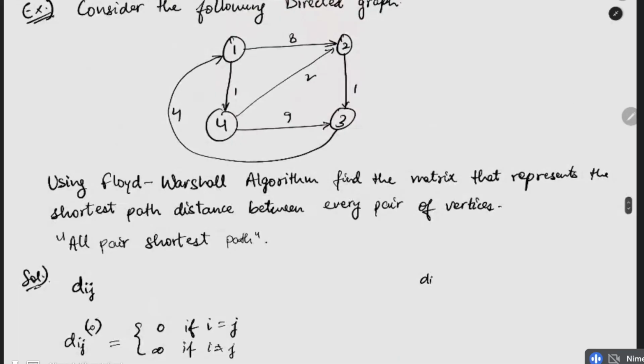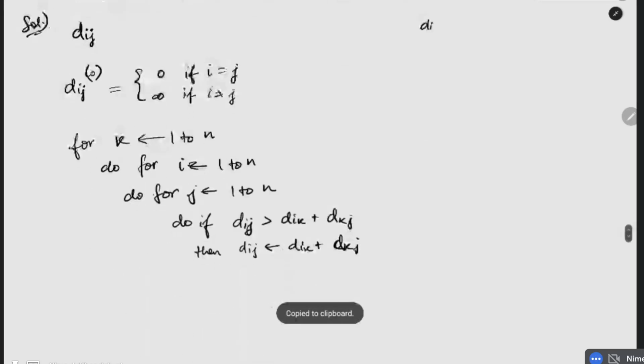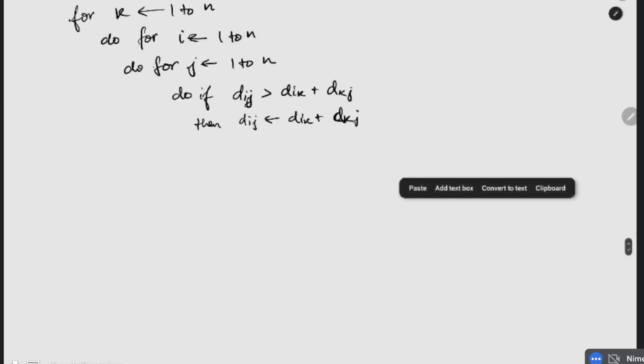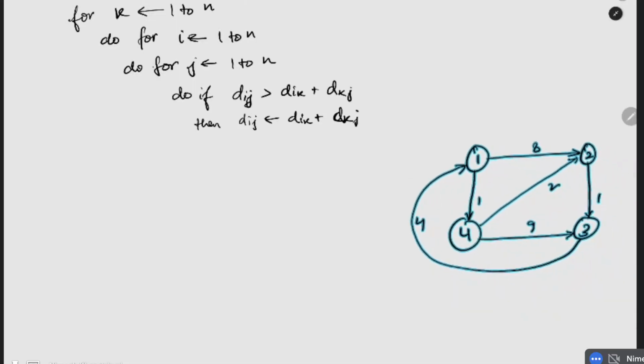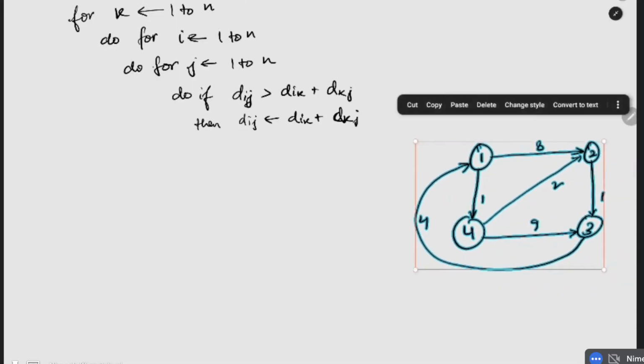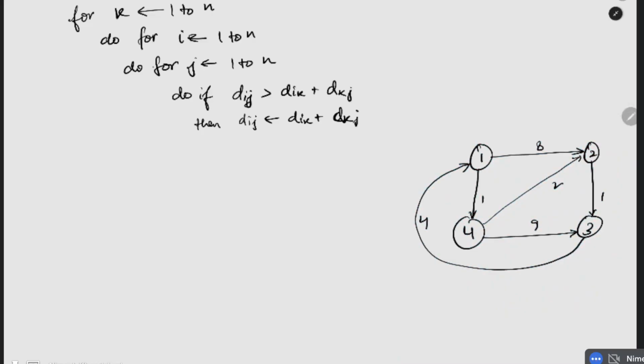So if we were to apply this algorithm for this graph, we have four vertices. So our matrix D will be a 4 cross 4 matrix with these values initially.